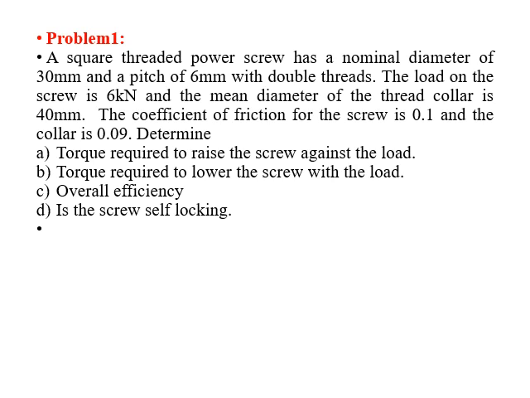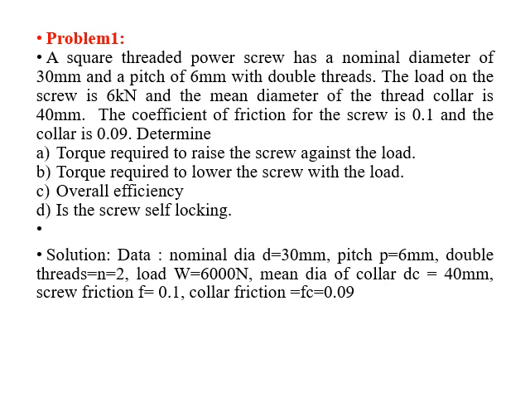Coming to the data of this problem, nominal diameter D is equal to 30 mm, pitch p is equal to 6 mm, double thread means n is equal to 2, load W is equal to 6000 newtons, mean diameter of the collar Dc is 40 mm, the screw coefficient of friction is 0.1, and collar friction fc is equal to 0.09.